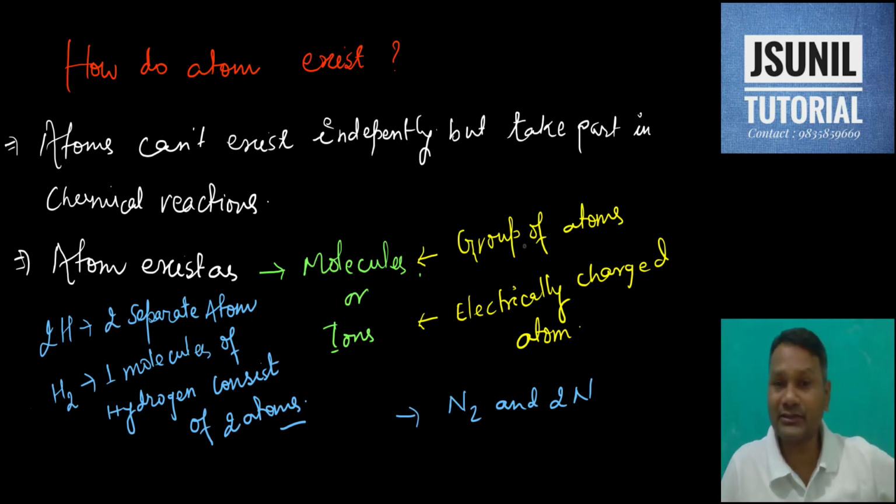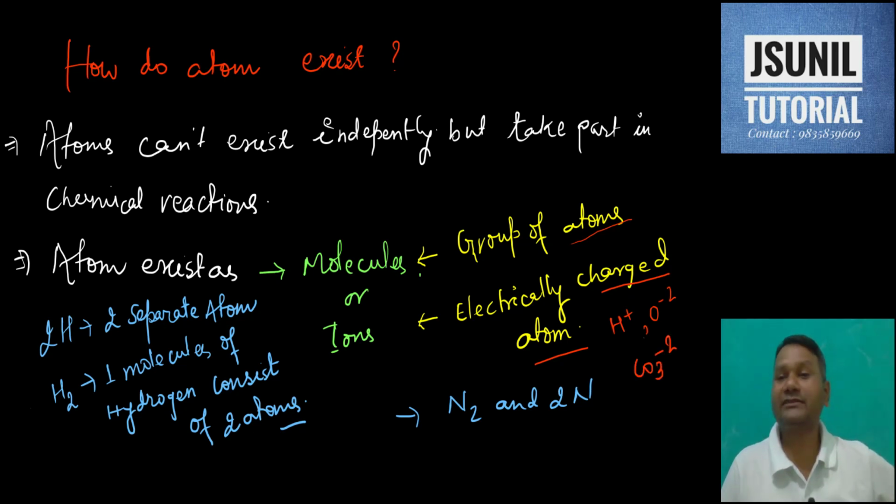What is a molecule? A molecule is a group of atoms, and ions are electrically charged atoms, like H plus, O minus 2. Okay, these are the ions. CO3 minus 2 is also an ion.